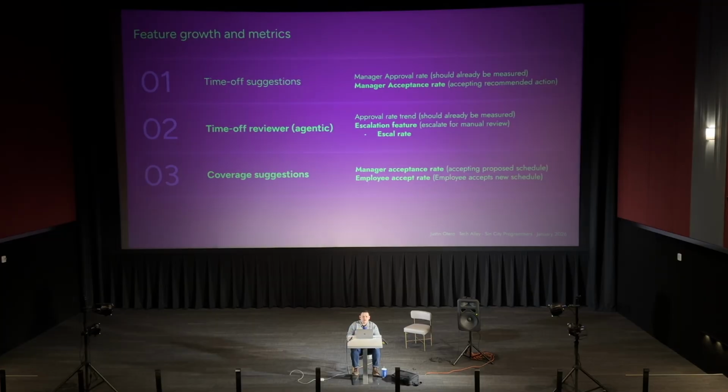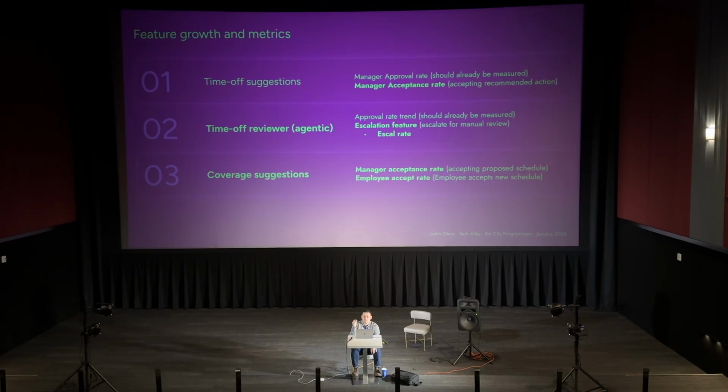The next evolution in this workforce management tool is we're going to have coverage suggestions. If you're ever in a restaurant, you realize that other people may need to fill in for that person who's taking PTO, right? And there's a long list of people, and we need to figure out who is going to be next to cover that shift.